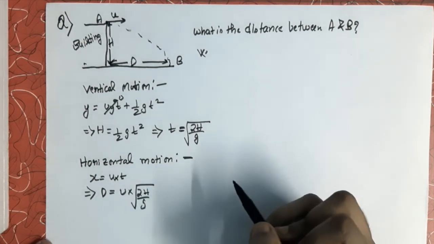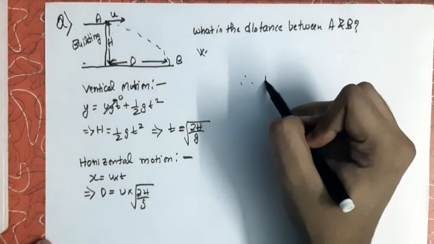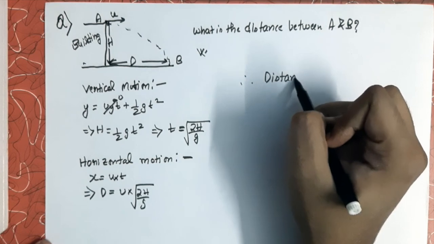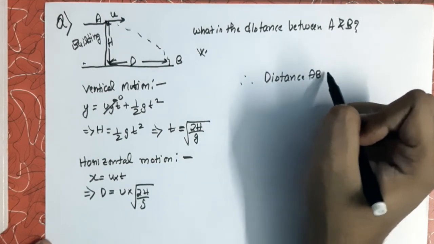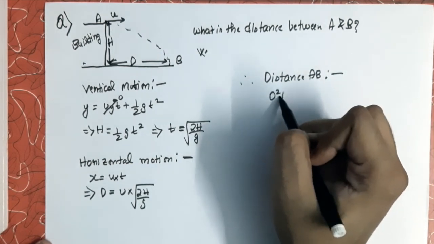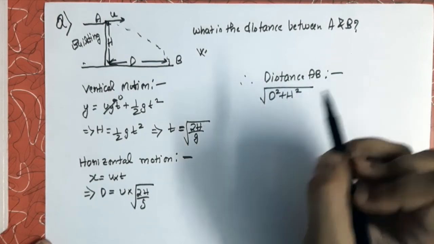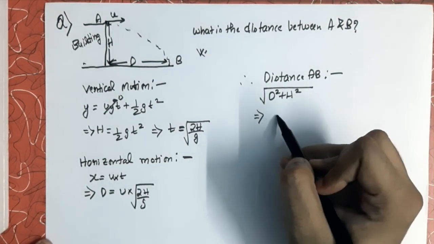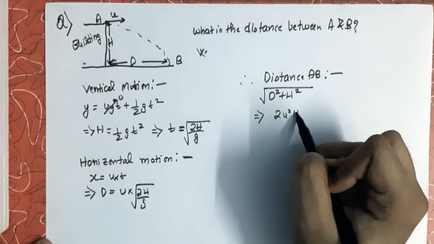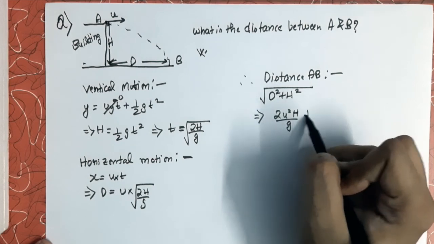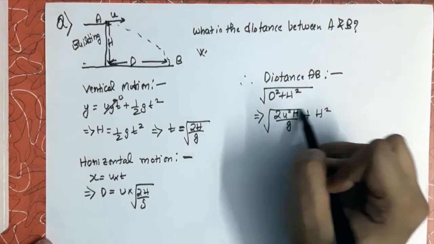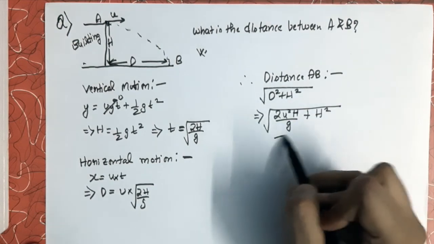Therefore the distance AB will be equal to square root of d square plus h square. So this is the square root of 2 u square h by g plus h square. So we got the distance.